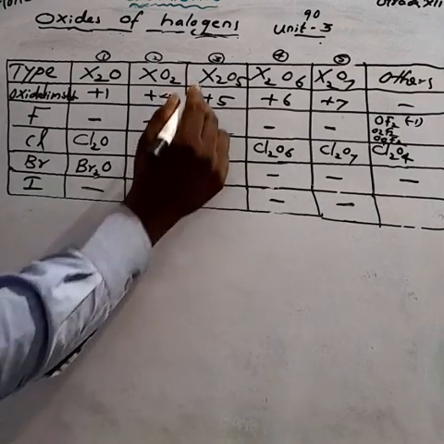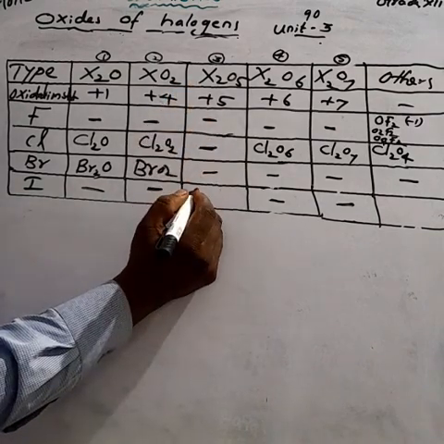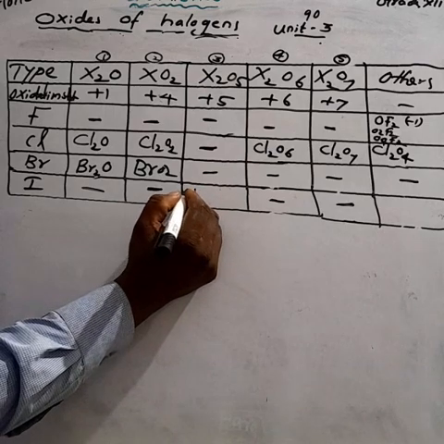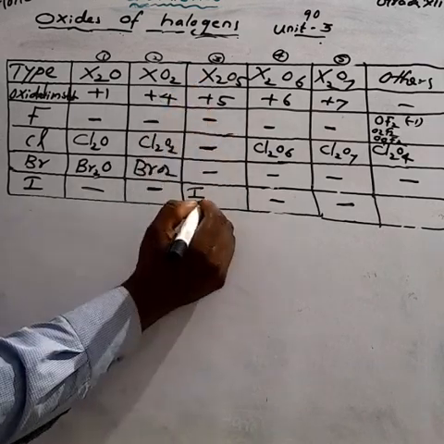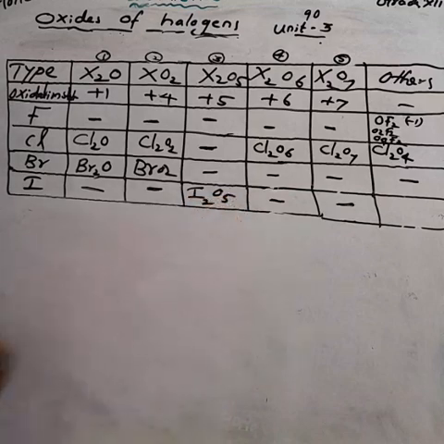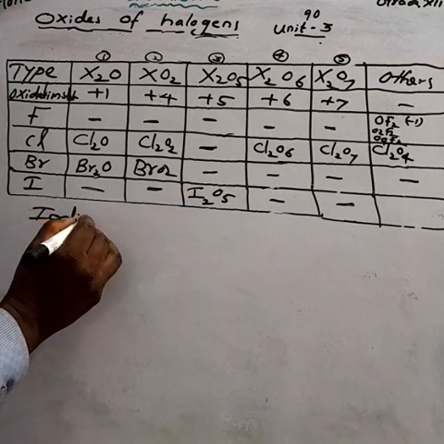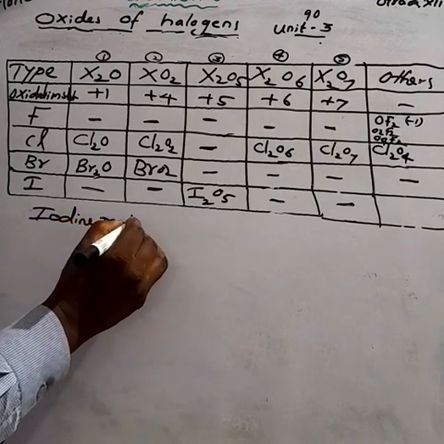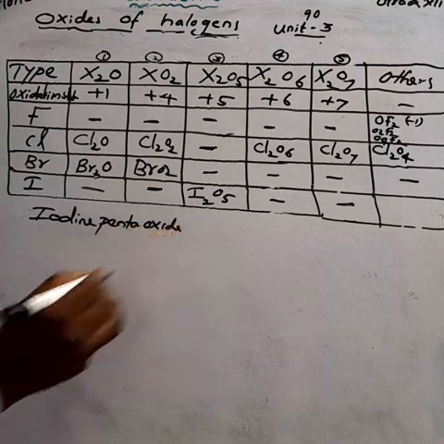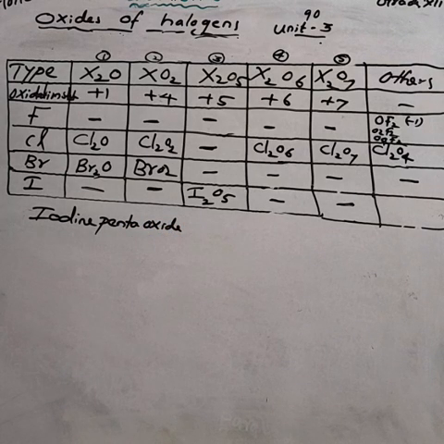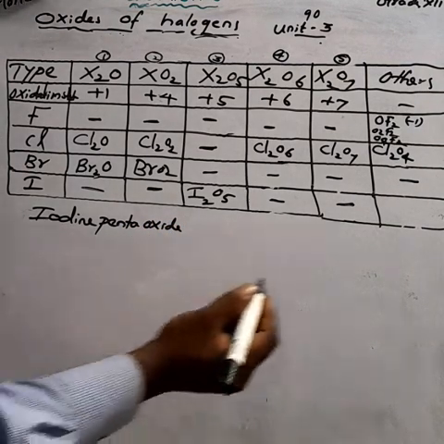One of the very important one-word questions. The example is I2O5. The name of the compound: iodine pentaoxide. 5 means penta.